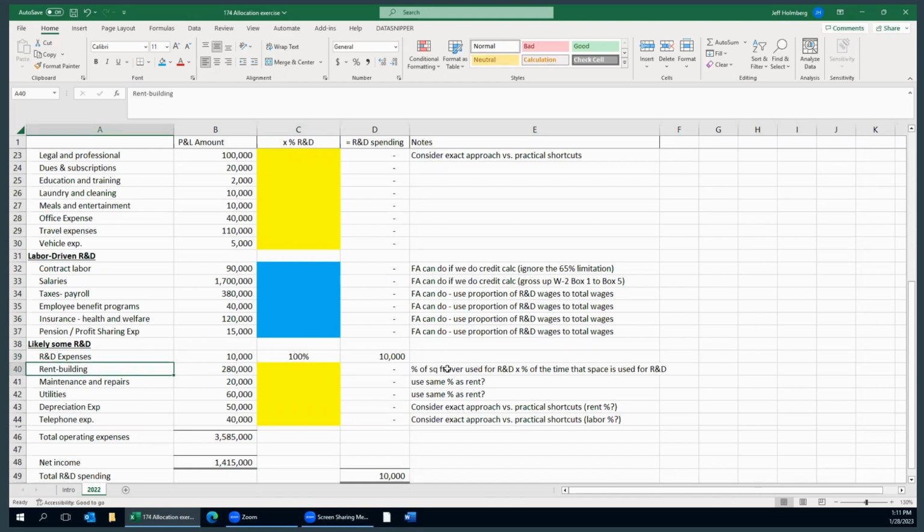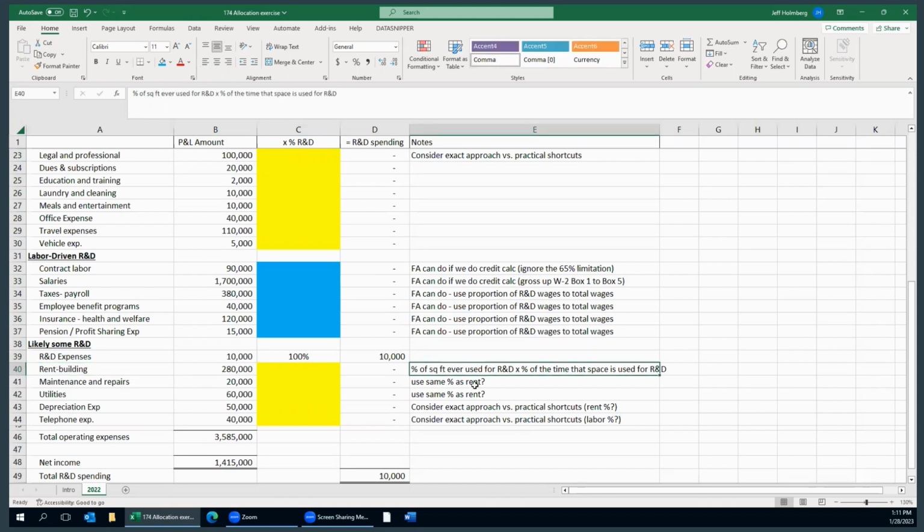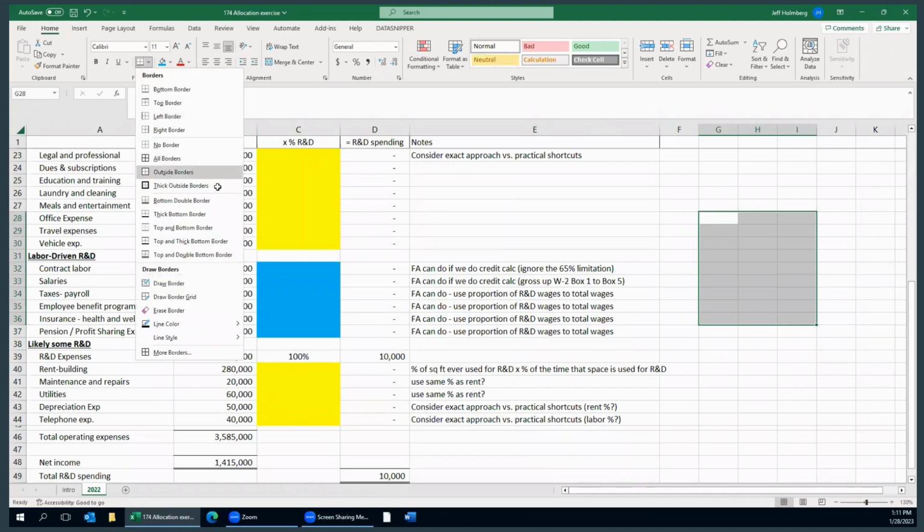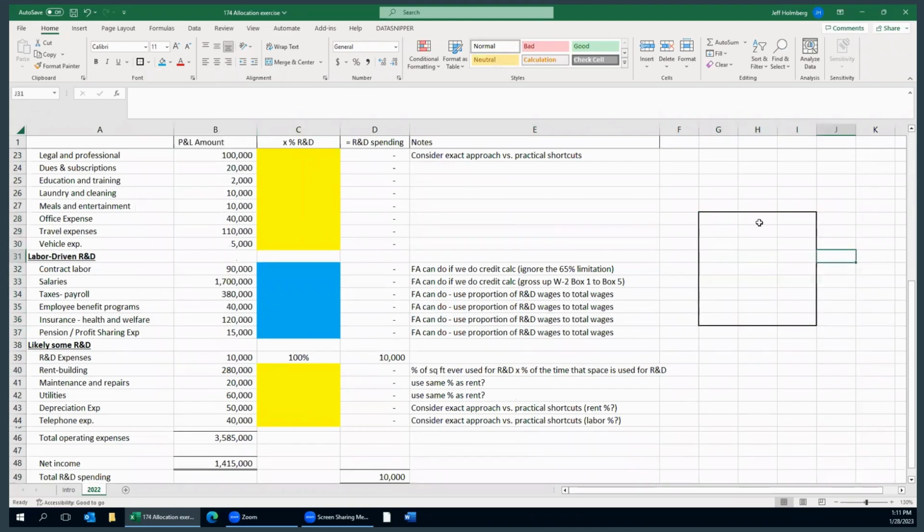In a perfect world, and it might not take long, we could say, okay, of the square footage that we're paying for, what percentage of that, let's say this space here is someone's office space, and all the engineers sit in these desks. People over here do billing and admin and sales, nothing to do with it. So you might say, what is that?